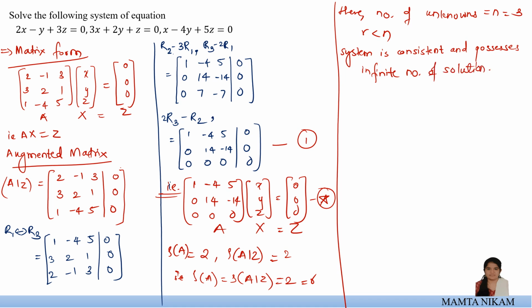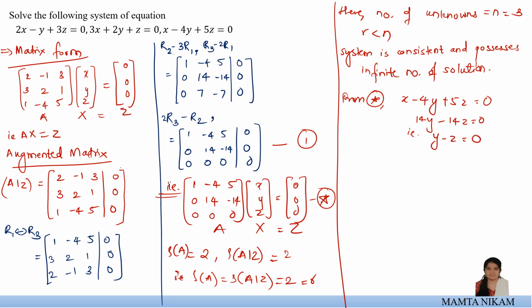So what are the solutions? So let us check from equation star. So from equation star we have equations x minus 4y plus 5z equals 0 and 0x plus 14y minus 14z equals 0. So that is nothing but if we take 14 common and shift, तो ये 0 होगा तो ये equation होगी. That is nothing but this is going to become y minus z equals 0.